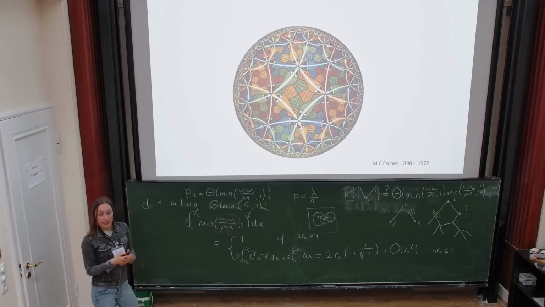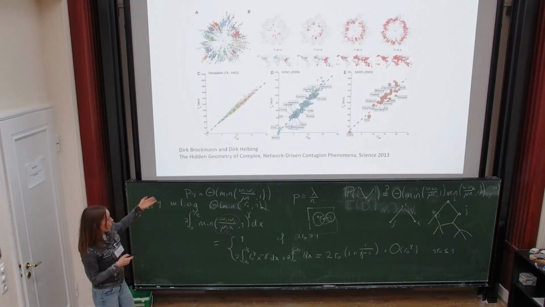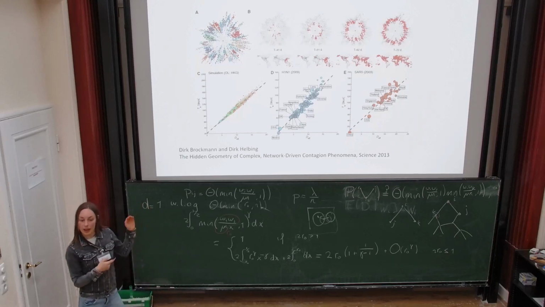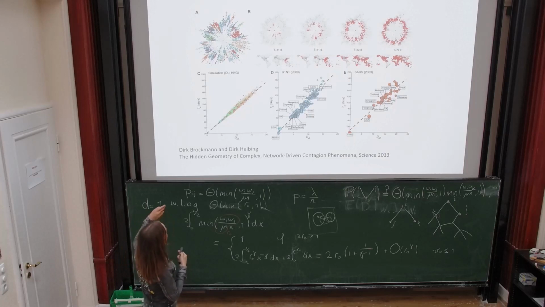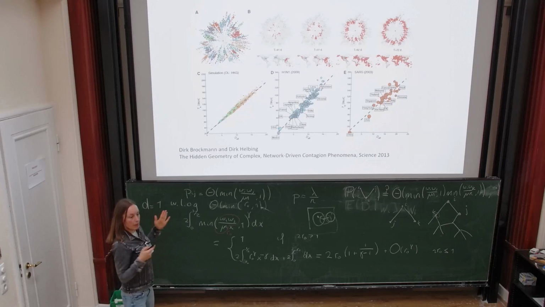And since then it has actually been used very often in practice. I think this paper has over thousands of citations. This was for network epidemiology. This person proposed that you should use the hyperbolic network to map all the cities in the world to a hyperbolic graph, because you cannot just use the map of the world.